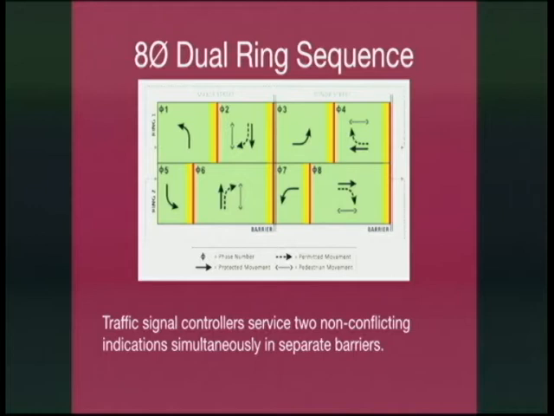We call that a sequence. So traffic signal controllers number everything according to a phase number, and the operation is what we call a dual ring sequencing through those 8 phases. That's how all the traffic signals work.